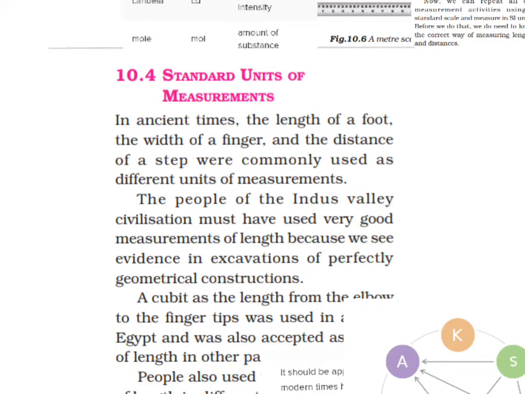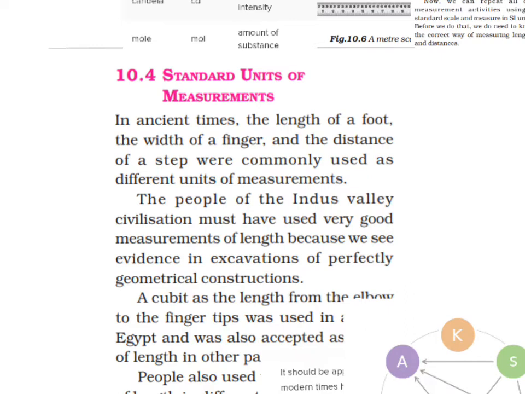Our today's topic is standard units of measurement. There was a need for standard units because the measurements were not uniform everywhere. Measurements came out to be different.